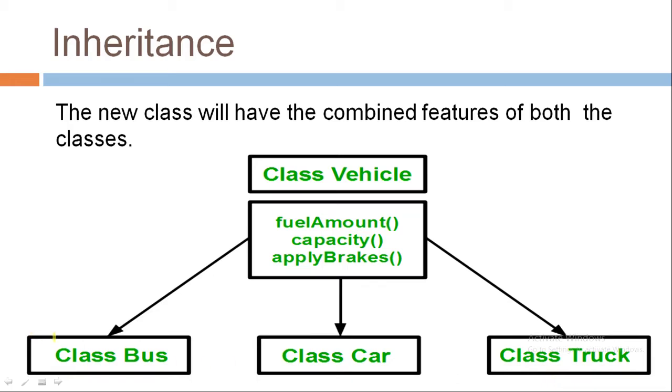In this figure we can see that bus, car and truck are all different vehicles from each other, but they all have the same behavior related to fuel amount, capacity and apply brakes. So we can say that the existing class vehicle can be extended to class bus, class car and class truck, with their own unique features.